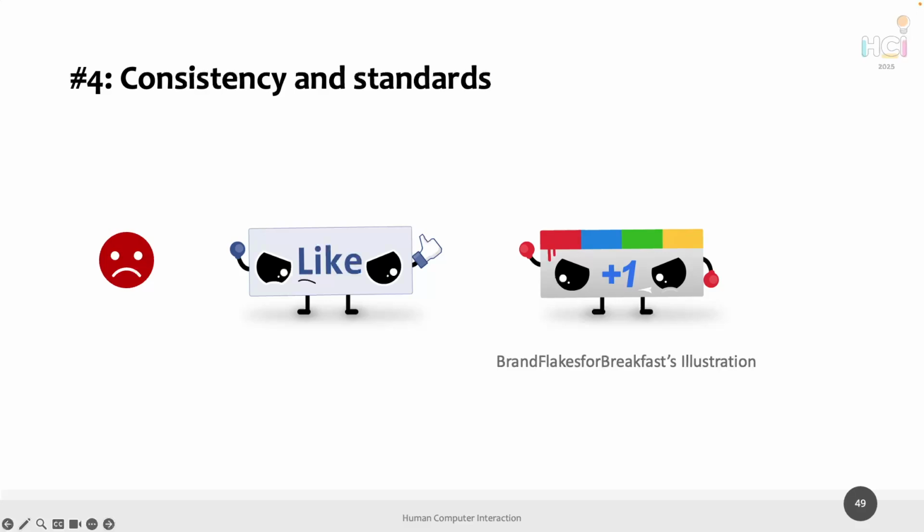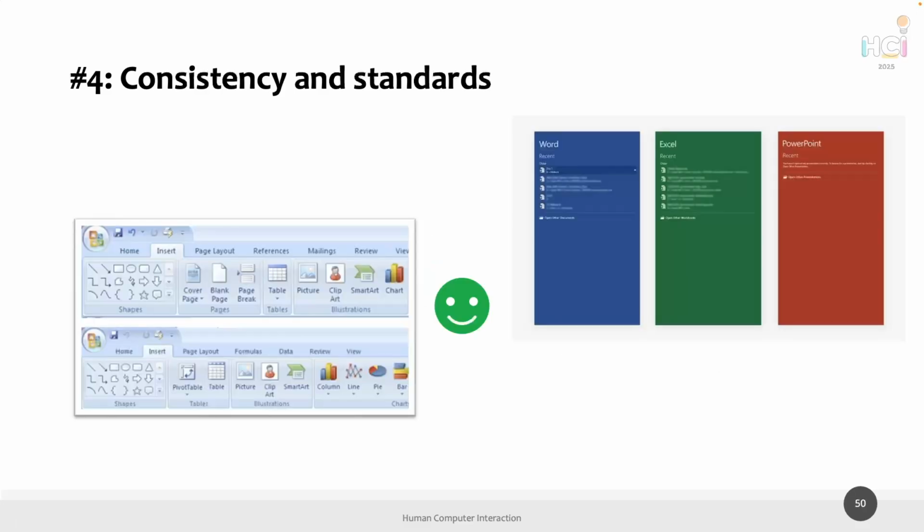So this operation by Google was unsuccessful because they tried to design a different method, but this was already a standard, and they didn't follow it, and so they were unsuccessful. And this instead is a good example.